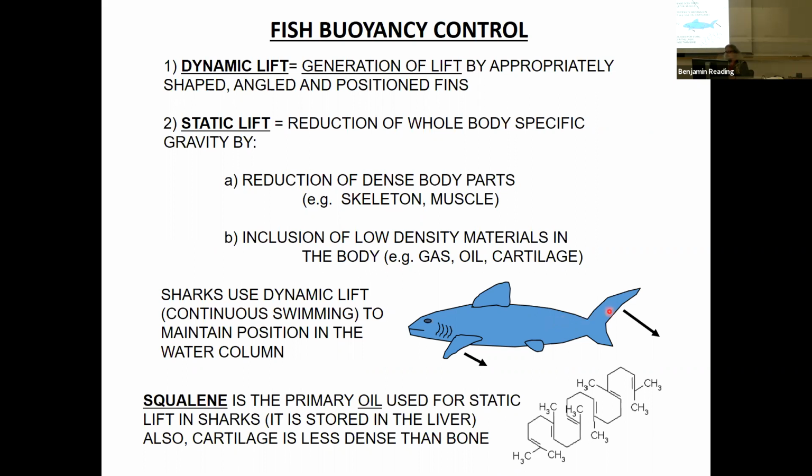The tails and fins provide downward force, which means that the fish, as it swims through the water column, actually swims like this. It's got an upward vector to its motion. So as long as this thing is swimming forward, it's not going to sink to the bottom because of the way it's designed. This is called dynamic lift.